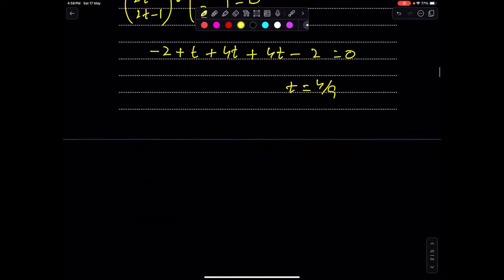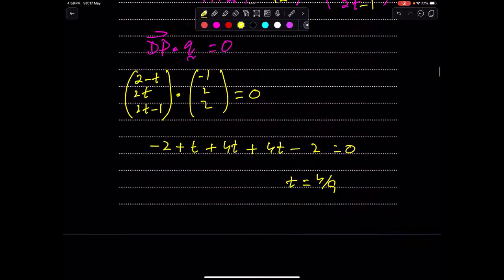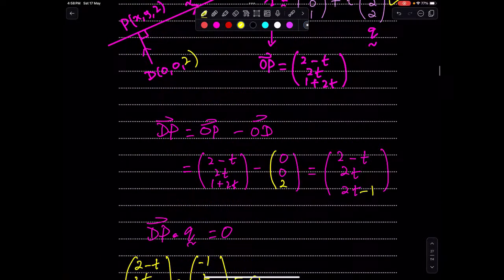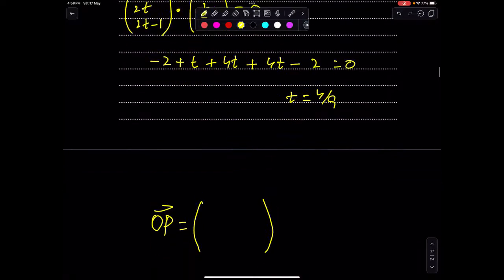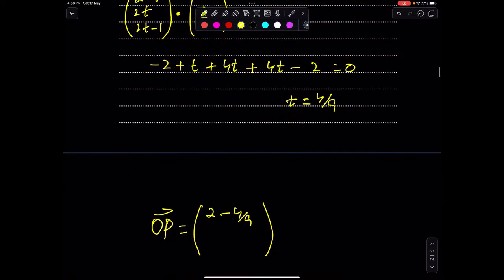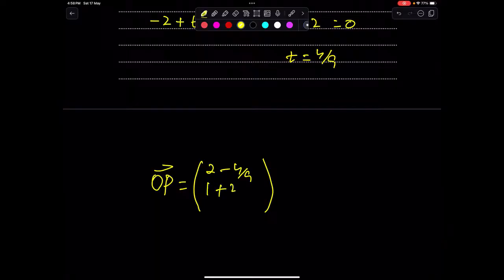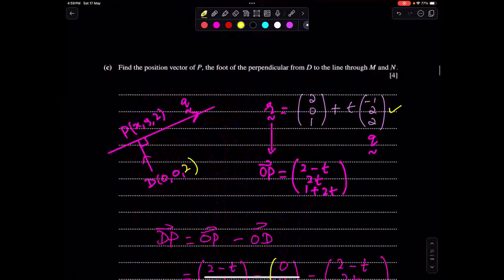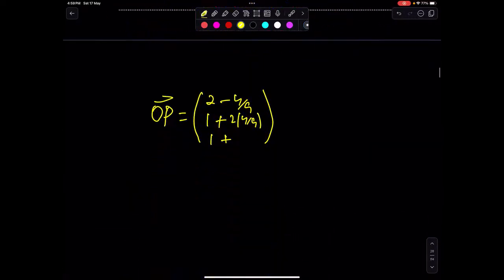Now we need OP. So substitute 4 upon 9 into OP. And OP is 2 minus t, 2t, 1 plus 2t. So when you simplify this, you will get OP. And this was required in this question.